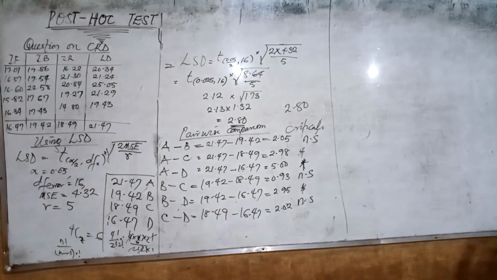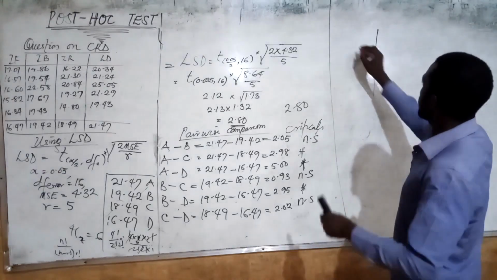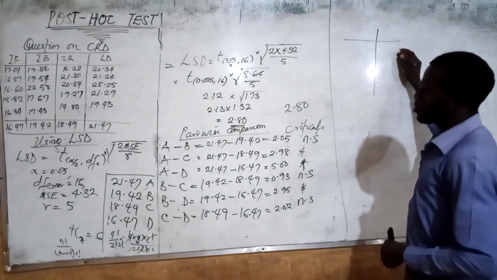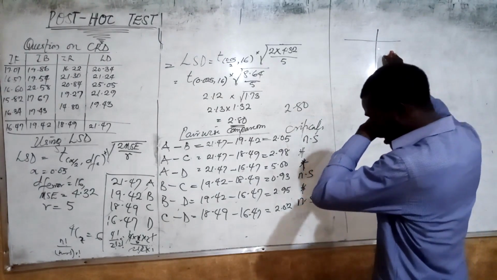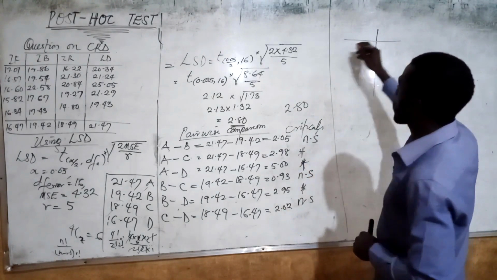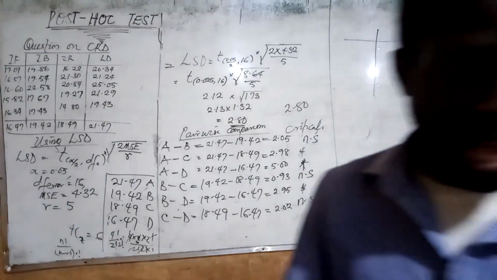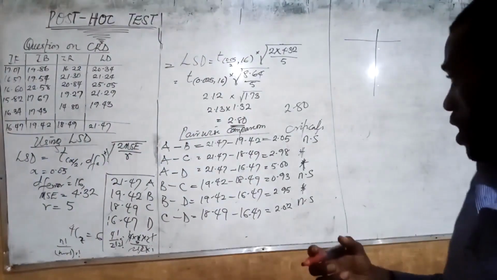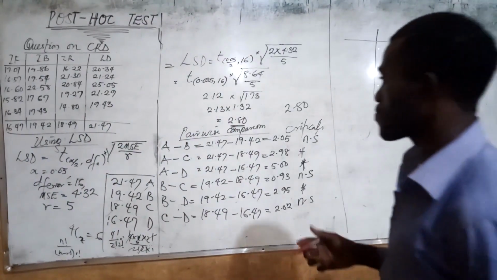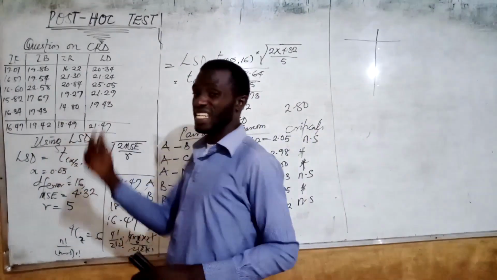Alright, so having obtained these values, the next thing we'll do is use letters to denote the significance we have. So we are also going to order the means. We are going to arrange the means in descending order.